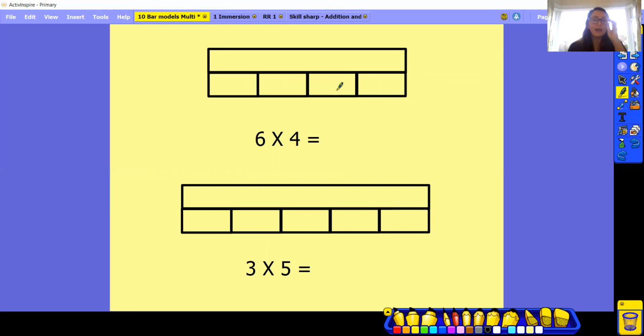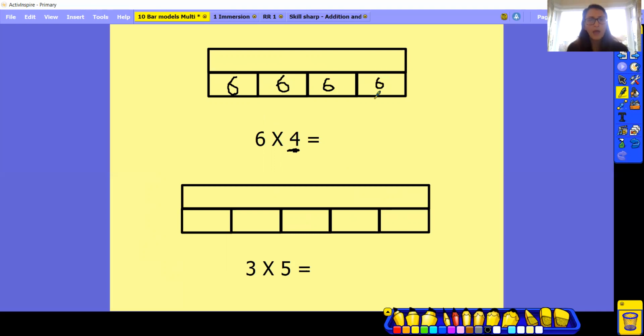Okay, so let's see. This first box here, we have 4 equal parts. So what is one of these boxes going to be worth? Well done if you said 6 for each of these boxes.